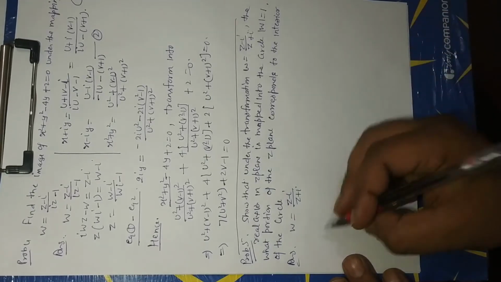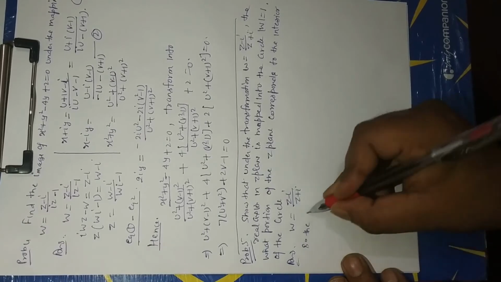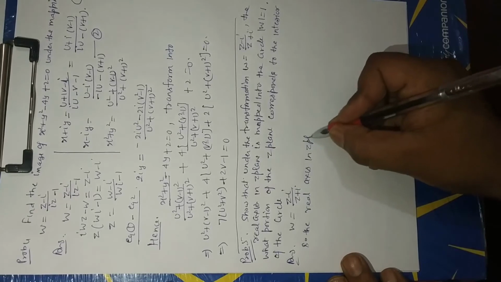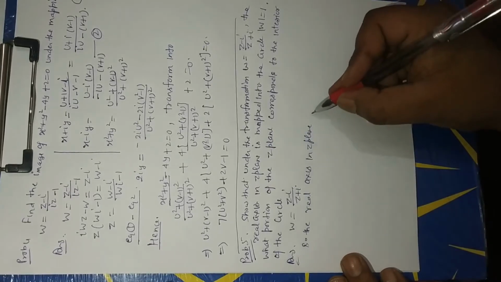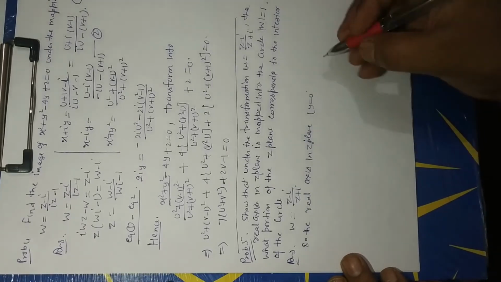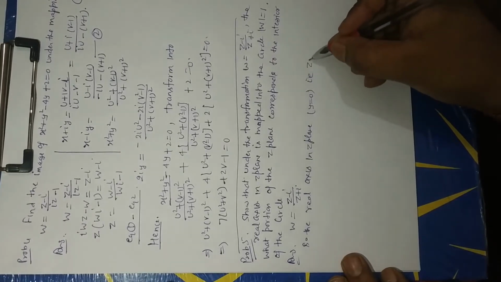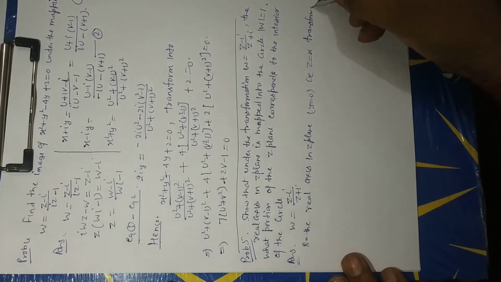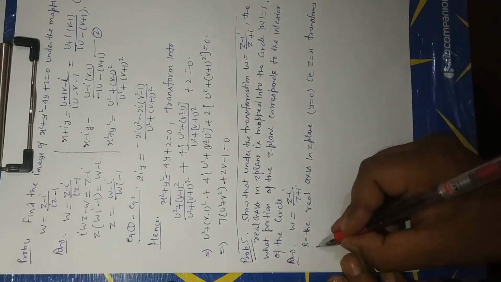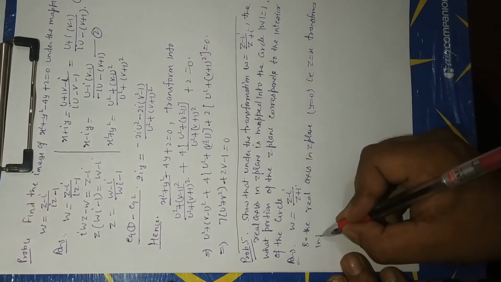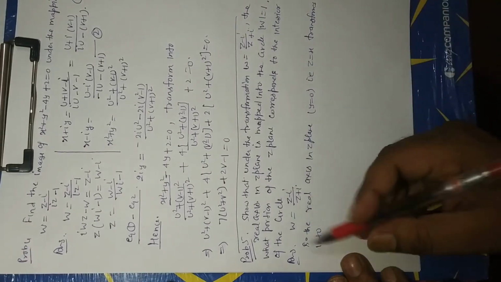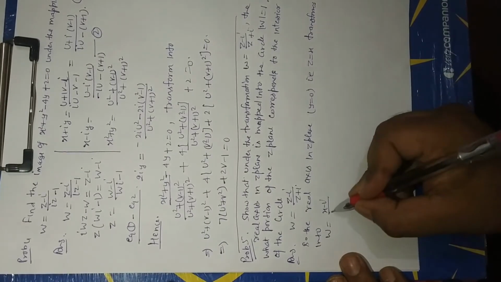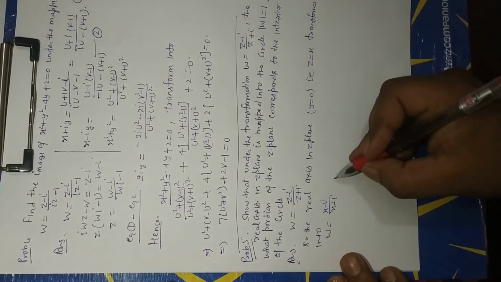So the real axis in the z plane, that is y equal to 0, that is z equal to x only, transforms into W equal to (x minus i) upon (x plus i).